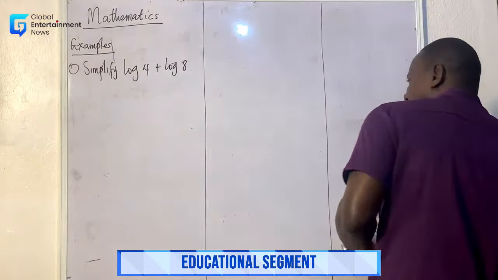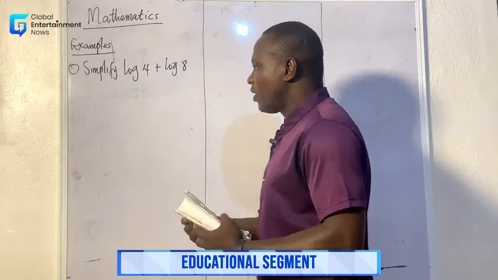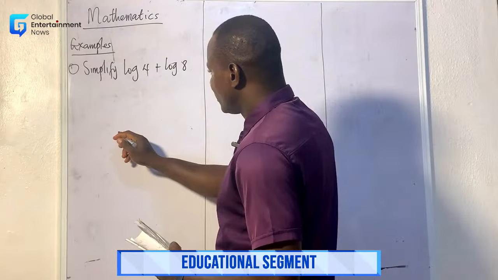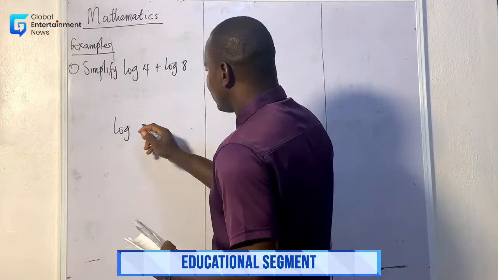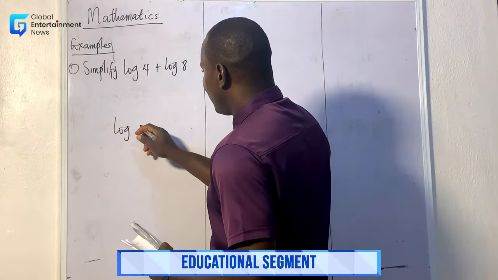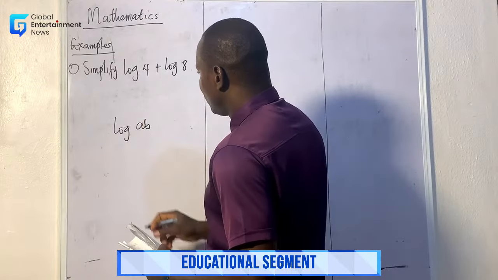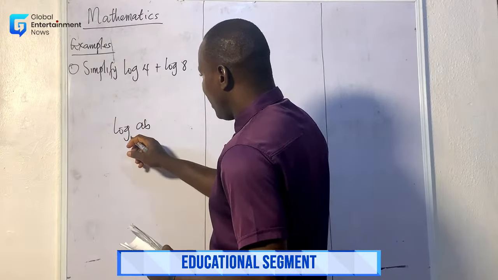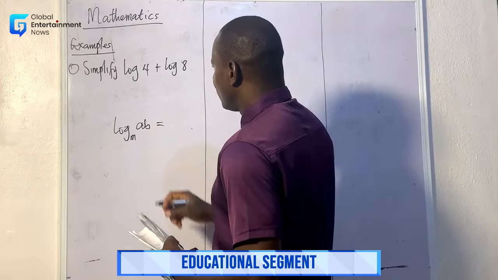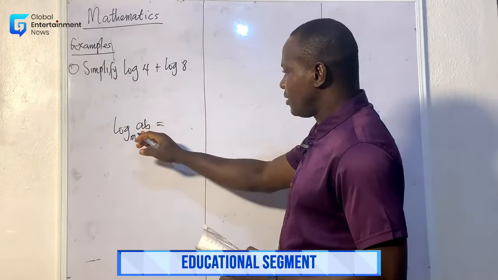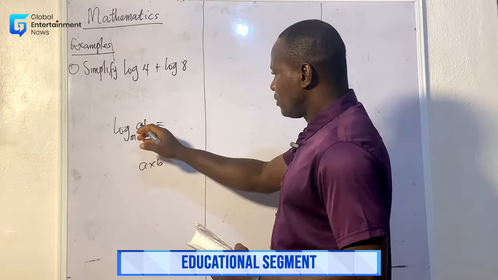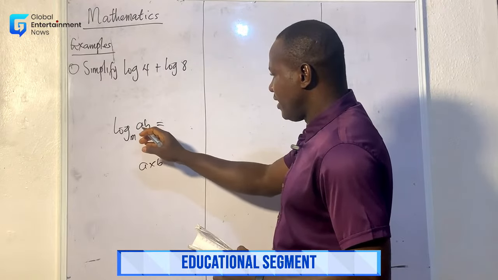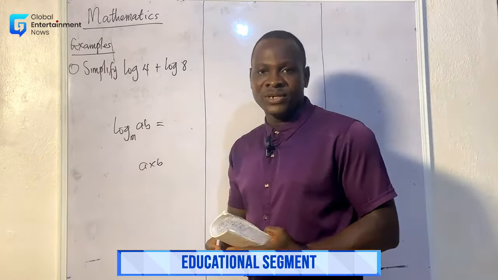If you could remember, there is a law that says log AB base M. If you look at this particular value, it means A times B. So the sign between this A and B is a multiplication sign.